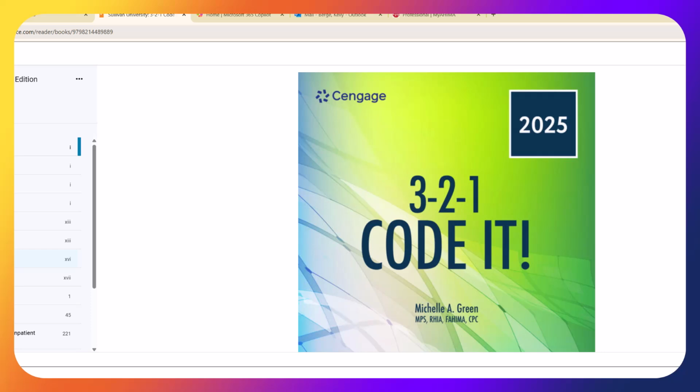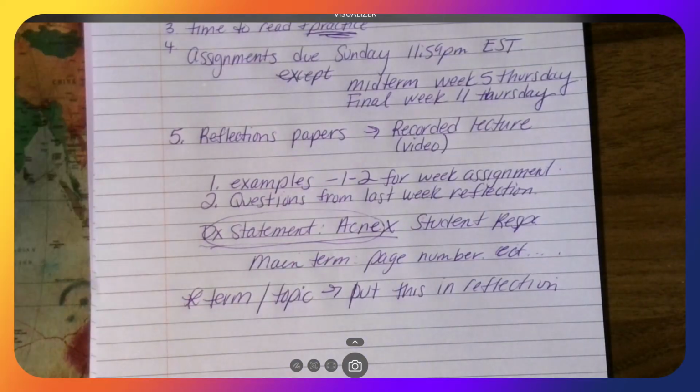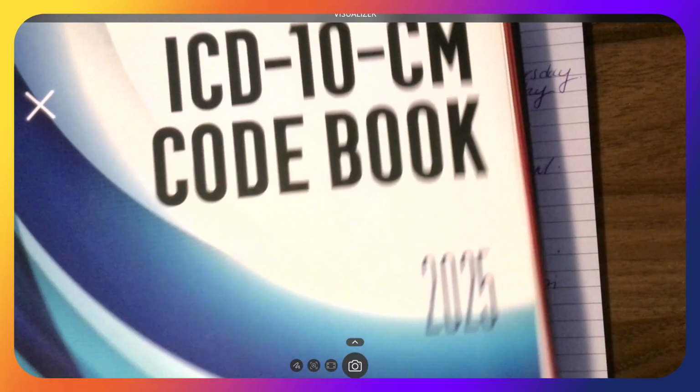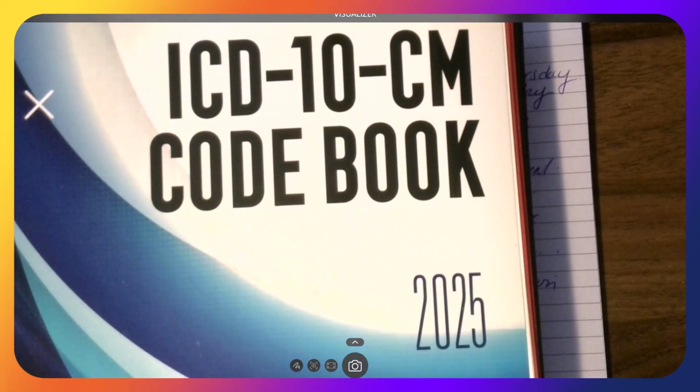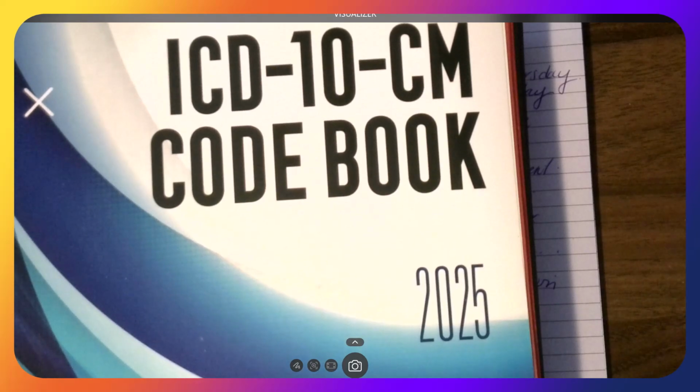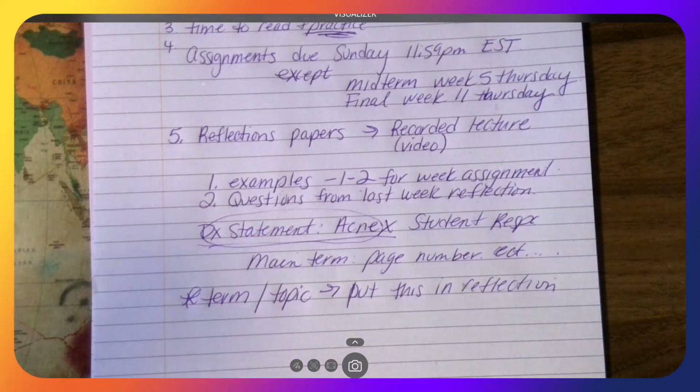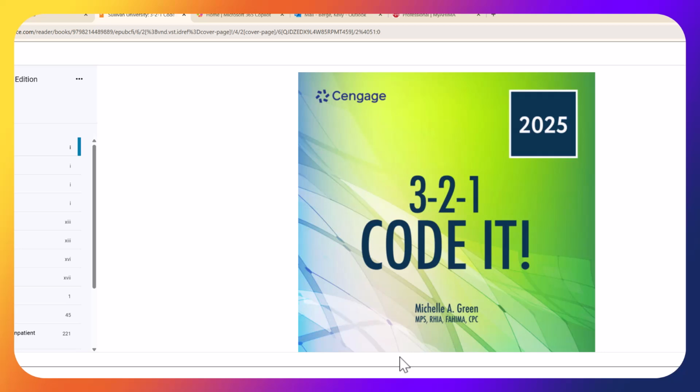So you're using this book to learn how to code, and then the manual, this book, is where all of the numbers and definitions are. So that textbook that's in the course is how you learn about the coding system and the process. And then the manual you use is how you find the codes.